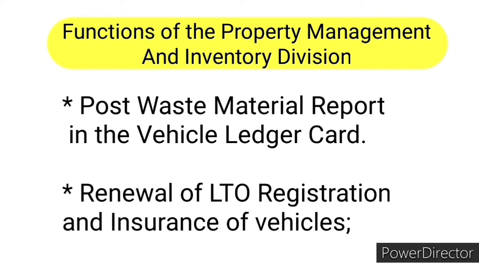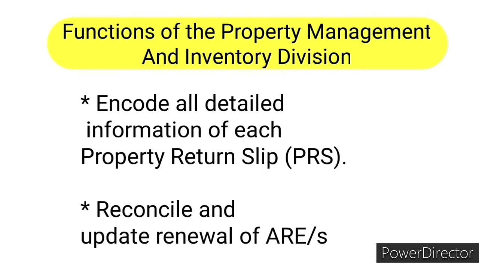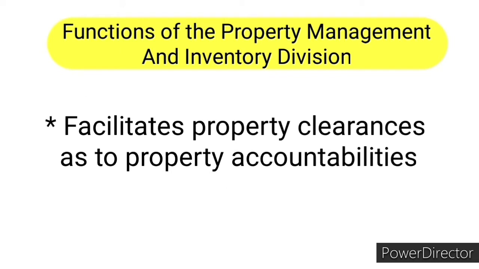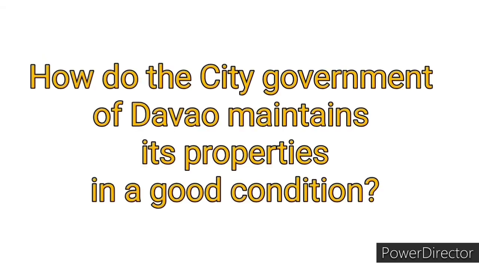They also do the renewal of LTO registration and insurance of vehicles. This division also encodes all detailed information of each property return slip. They also reconcile and update renewal of AREs. The last of its functions, the division also facilitates property clearances as to property accountabilities.